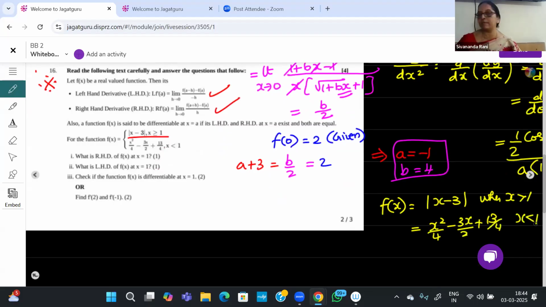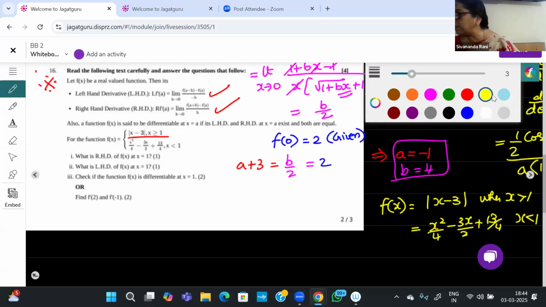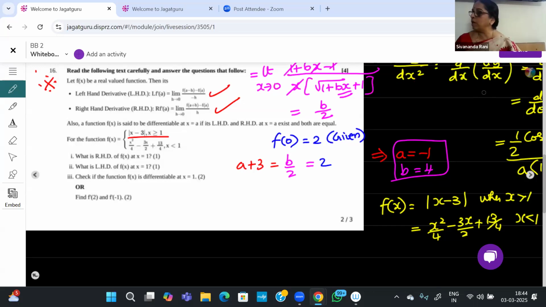It's split and defined. So one is a mod function, other one is some algebraic function. There is a series of questions here. What is the RHS derivative at x equal to 1?